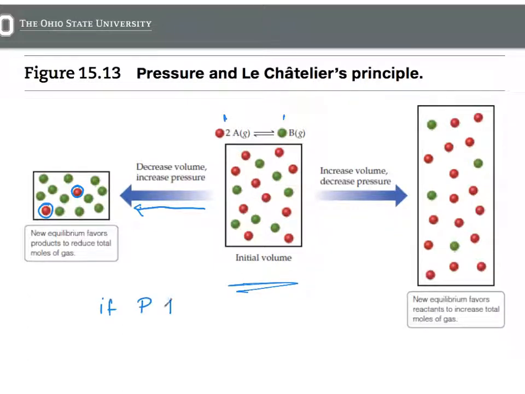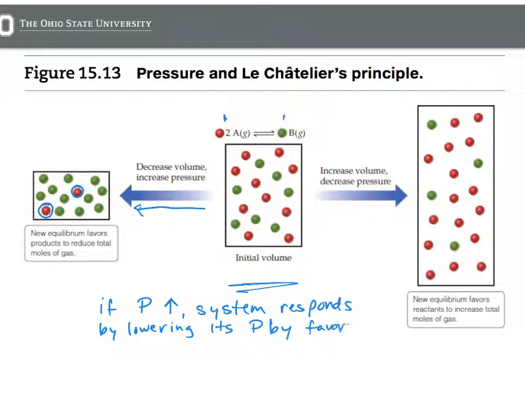If pressure is increased, the system responds by lowering its pressure by favoring the side of the reaction with the fewest moles of gas.